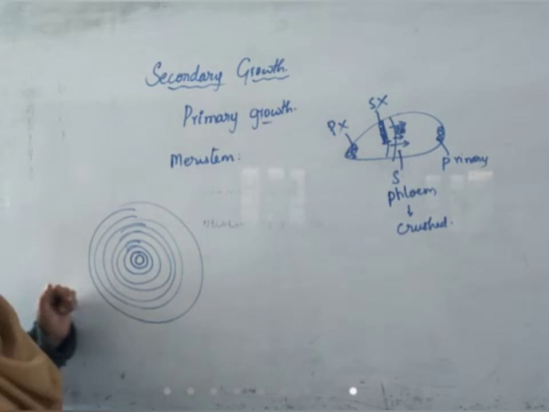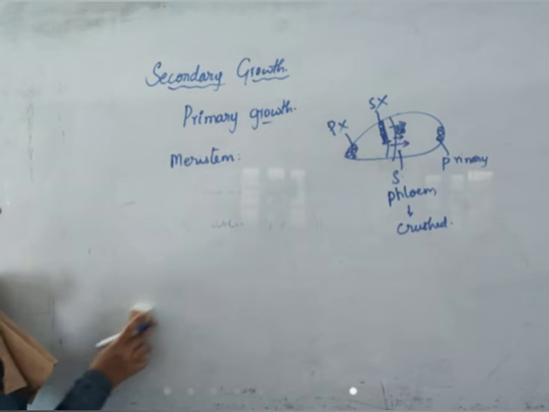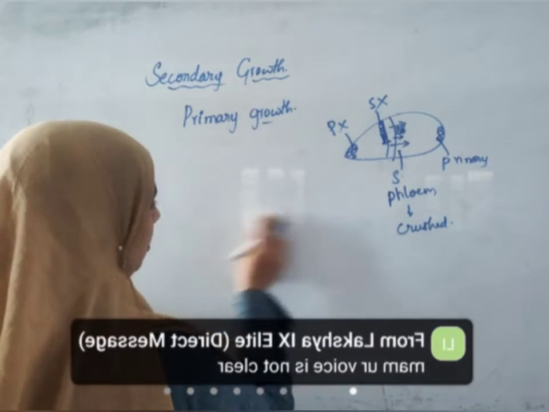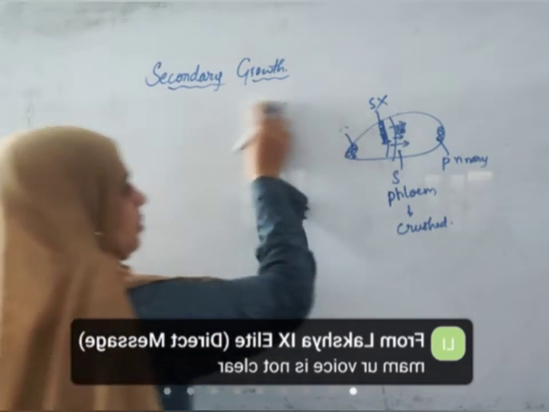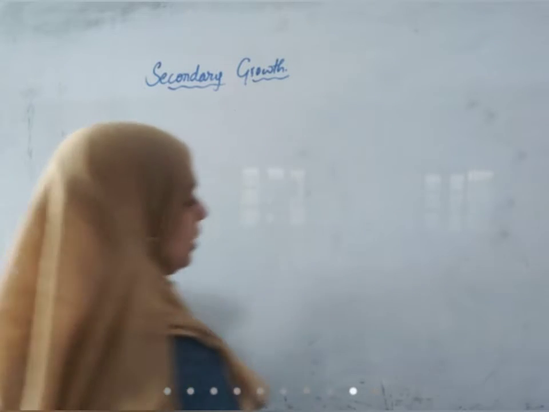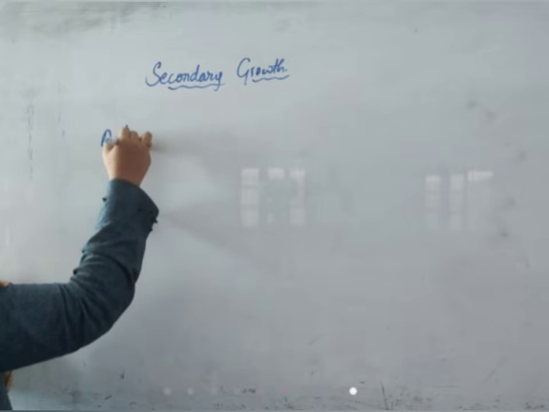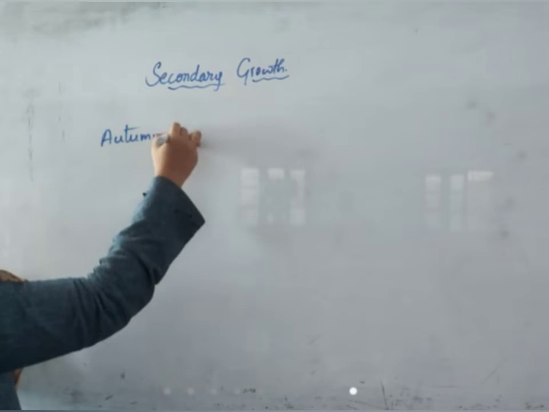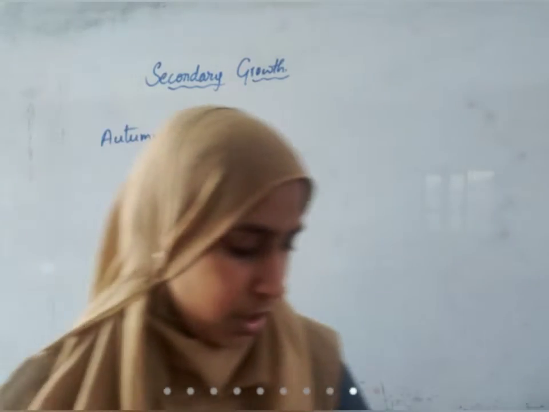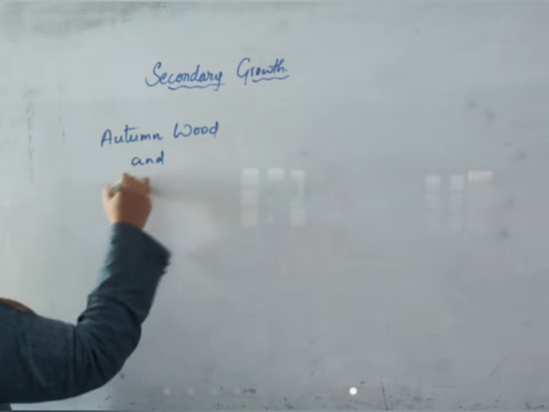That we'll discuss now. Secondary growth can be divided into autumn wood and spring wood.